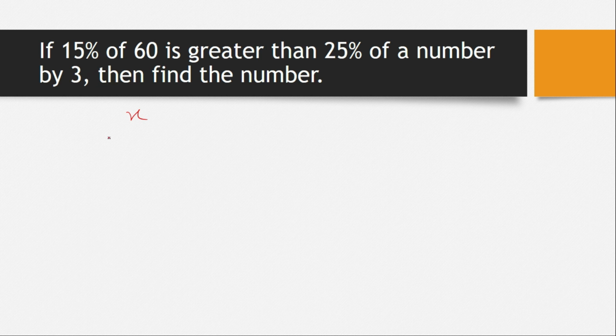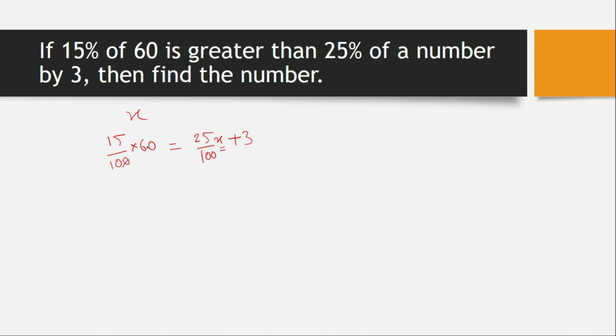So if 15% of 60, that means 15 by 100 of 60, is greater than 25% of a number by 3, what will be the number?